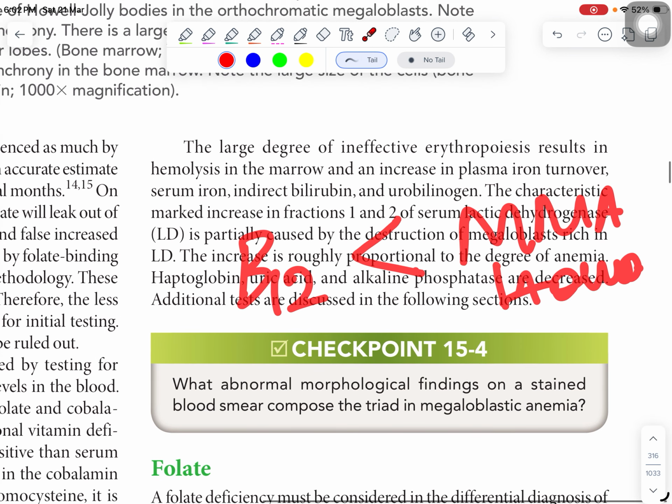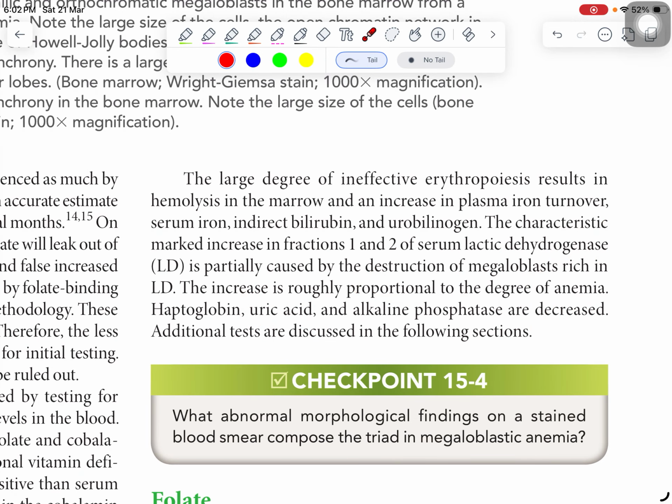The large degree of ineffective erythropoiesis results in hemolysis in the marrow and an increase in plasma iron turnover, serum iron, indirect bilirubin, and urobilinogen.